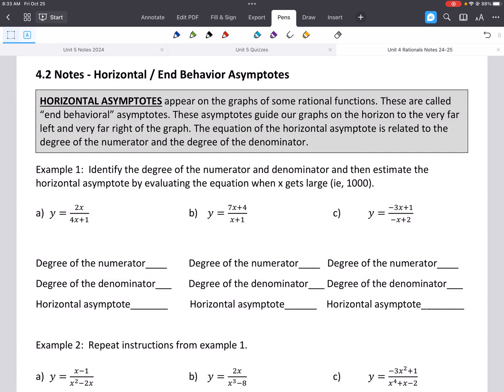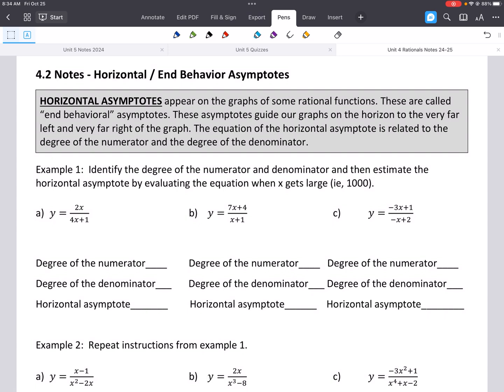Before I get into that, just a reminder that horizontal asymptotes are also known as end behavior asymptotes, meaning as we go really far to the left or to the right, as x goes to infinity or as x goes to negative infinity, the asymptote guides that graph. It gets closer and closer to that line, but it never crosses as it gets really far.